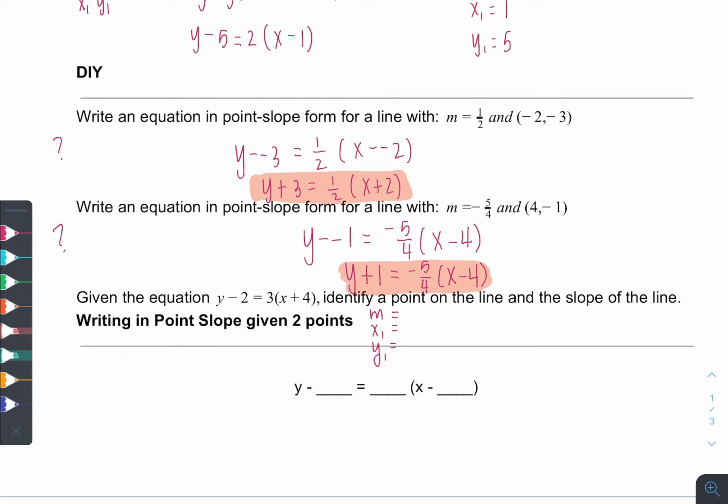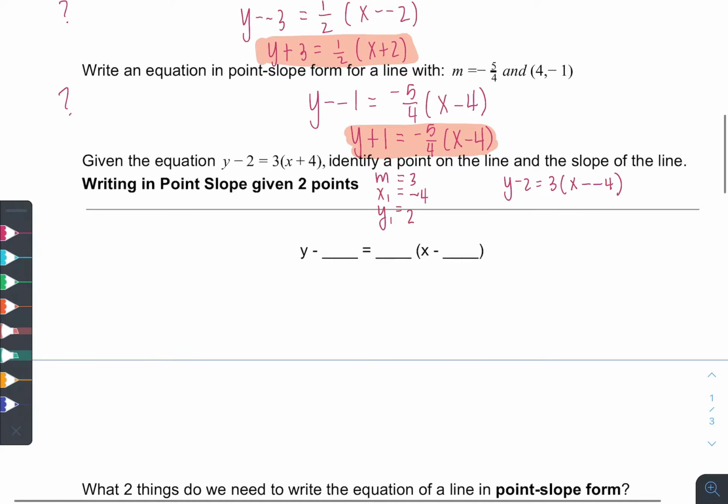So I'm going to go ahead and rewrite my equation using the minuses that we're used to. So I have y minus 2 equals 3 times x minus negative 4, because that's the same thing as plus 4, but it's using that minus that we have in our original equation. So m is equal to 3, x1 is equal to negative 4, and y1 is equal to 2.